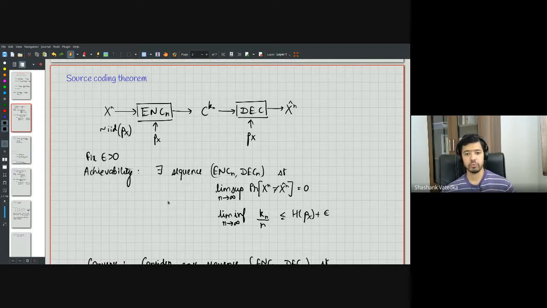So essentially, we want to design a compressor and a decompressor, or an encoder and a decoder, such that you can represent xn using a very small number of bits. So in particular, let's say the sequence of length n should be represented using kn bits.